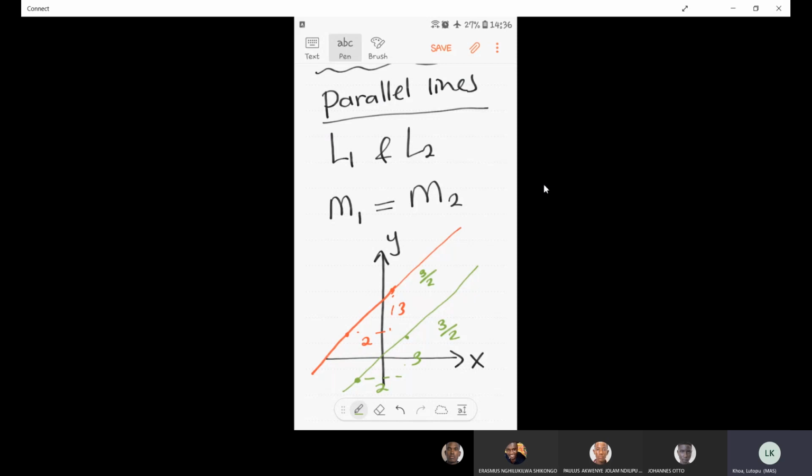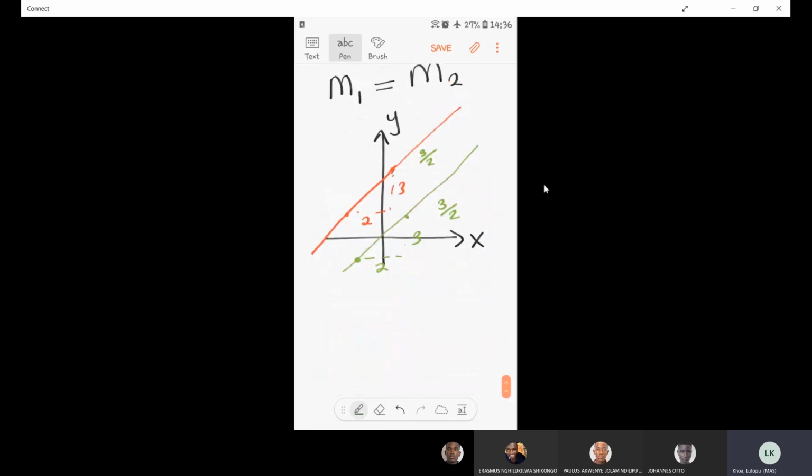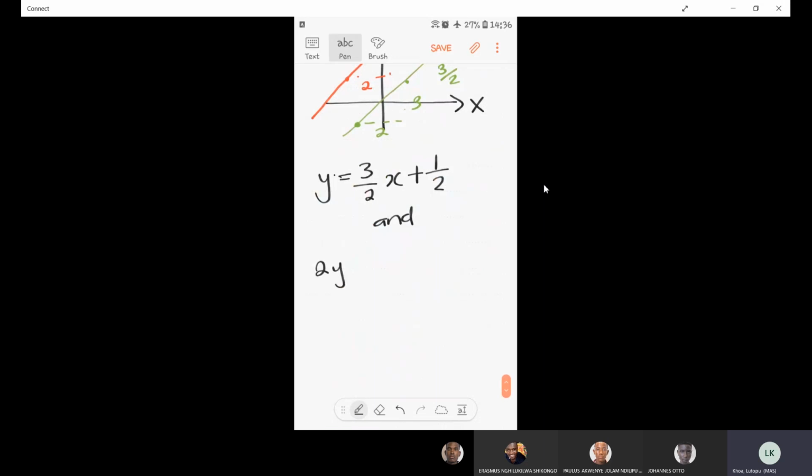So I can look at an example. We have these two lines: y is equal to 3 over 2x plus half, and the line 2y is equal to 3x plus 3 over 2.